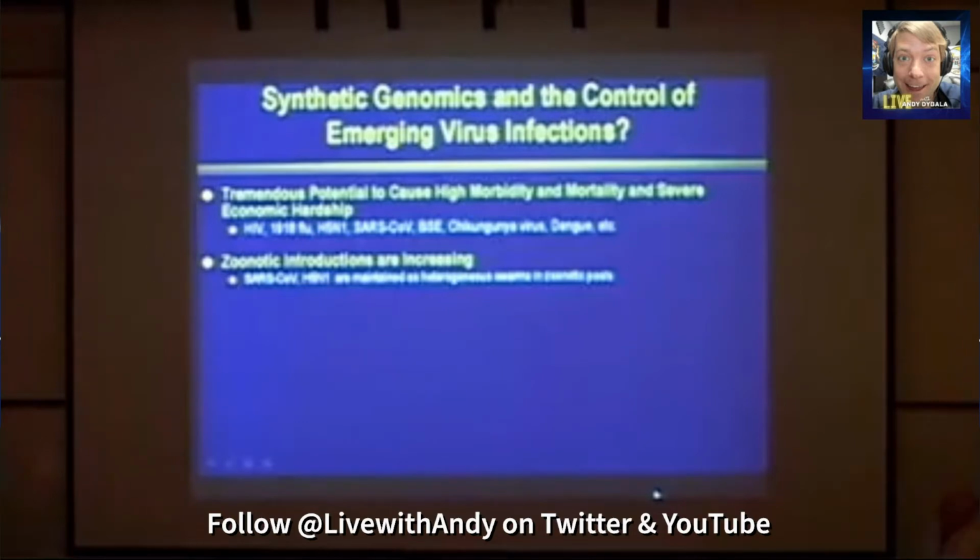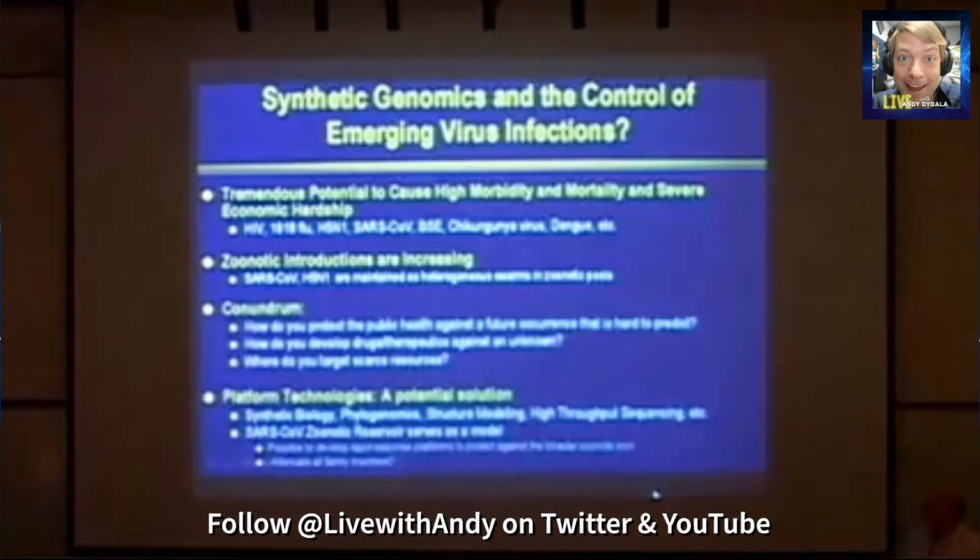It's clear that zoonotic introductions are increasing, and a large number of these viruses have large reservoir pools of animal strains, like SARS and H5, that are maintained as heterogeneous swarms of viruses, of which some one may actually emerge in the future to cause epidemic disease in humans.